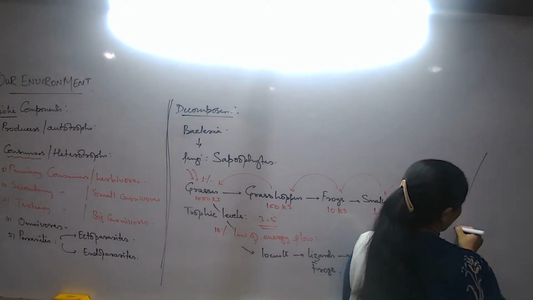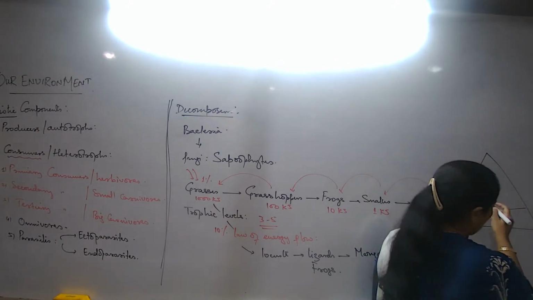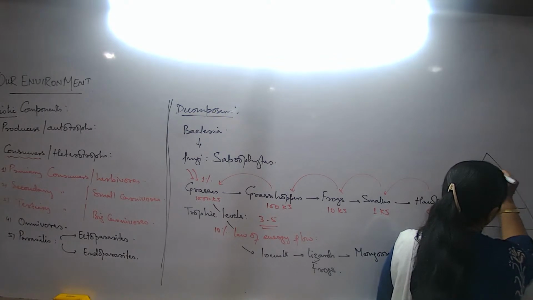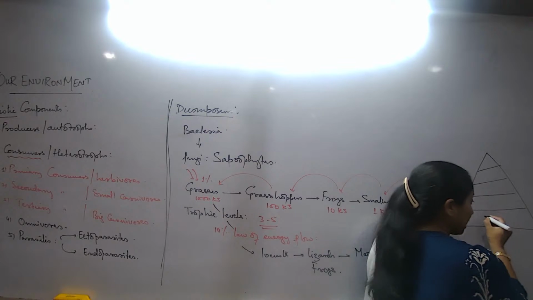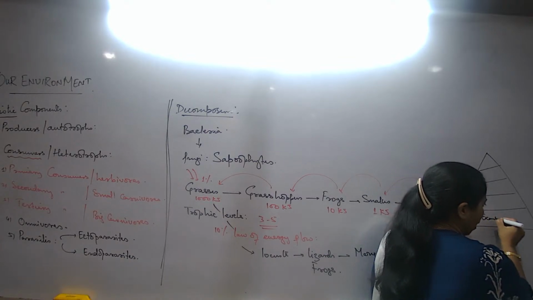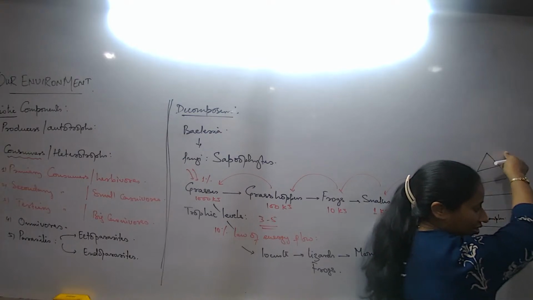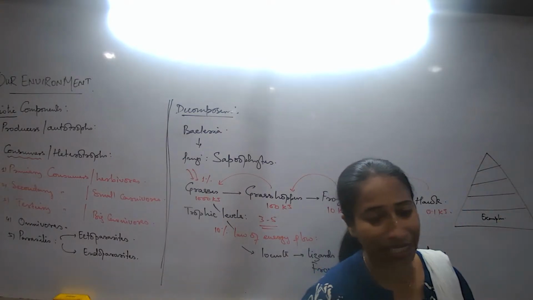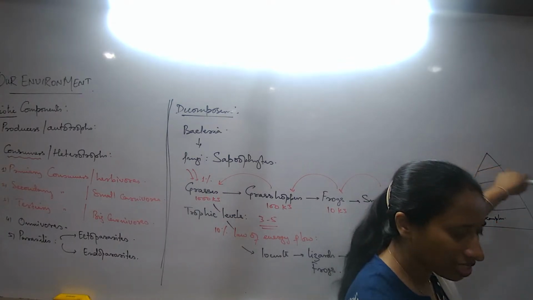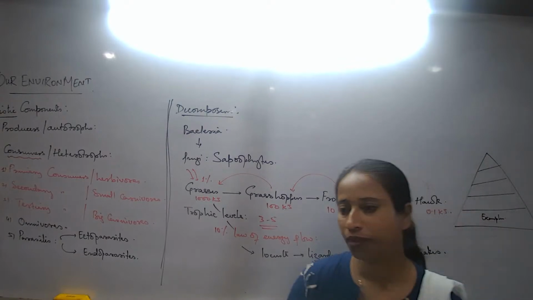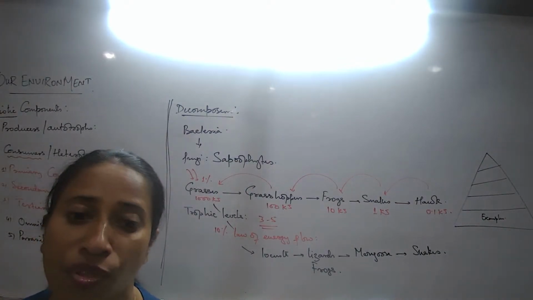How many levels do you make first? 1, 2, 3, 4 and 5. What are you supposed to write here? The examples, the organisms. And on one side, you will write whether they are producer, consumer, etc. So on one side you write the category, and inside the triangle you write the examples. This you will do as homework.